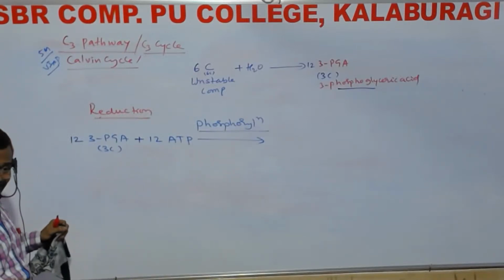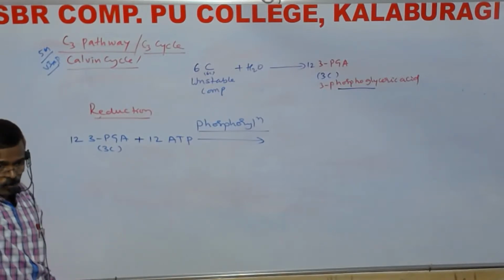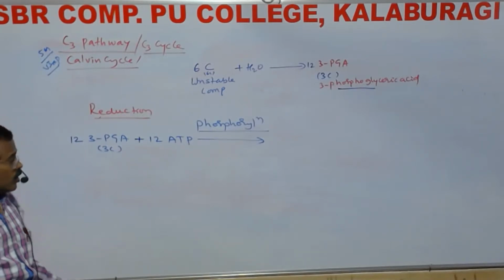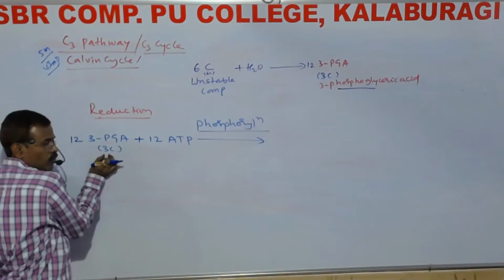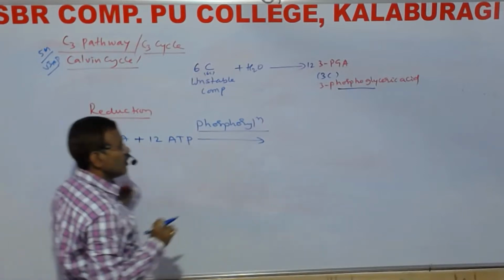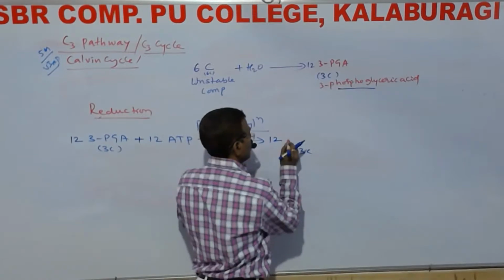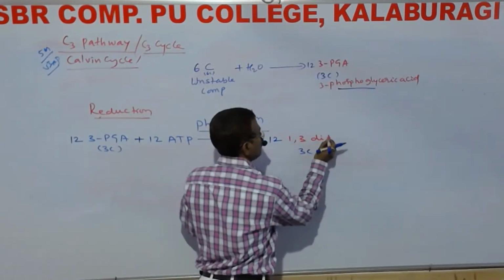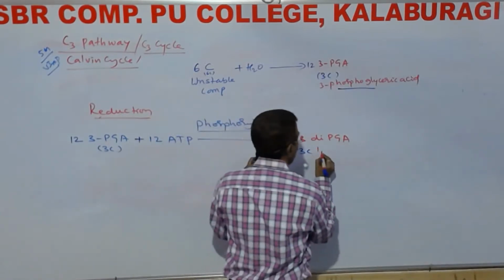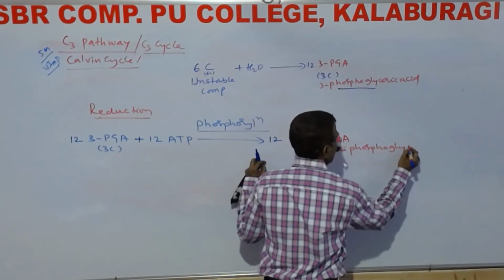This is the second time ATPs are being used here. The first time, in the phosphorylation of RuMP to RuBP, 6 ATPs were used. Here, 12 molecules of 3-phosphoglyceric acid on phosphorylation produce 12 molecules of 3-carbon compound, 1,3-diphosphoglyceric acid, 1,3-DPGA.